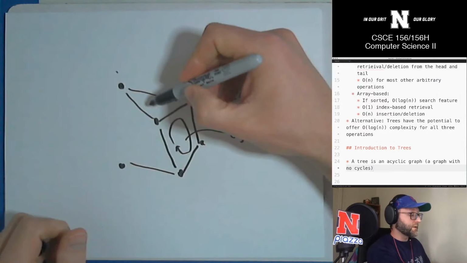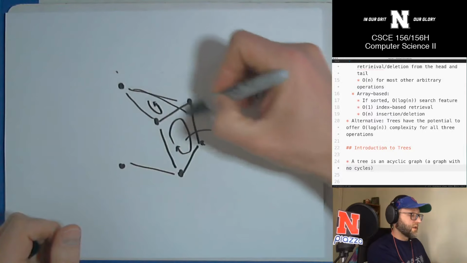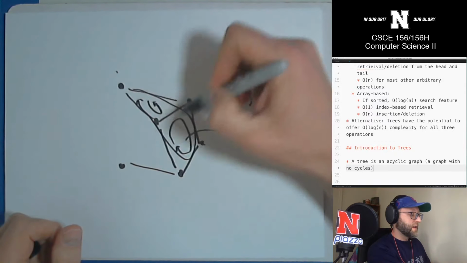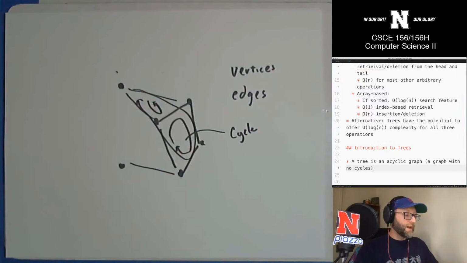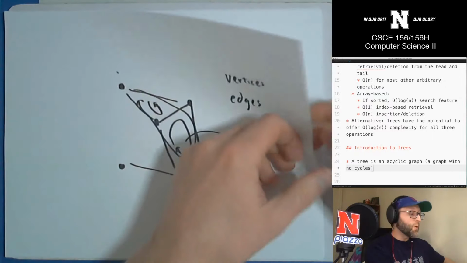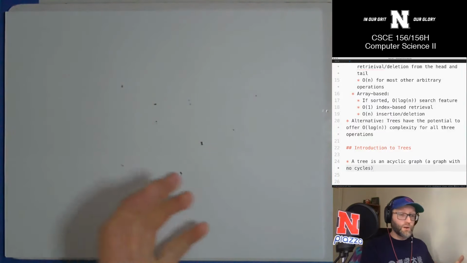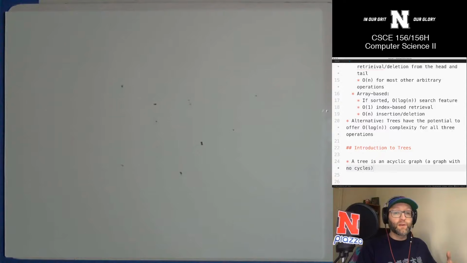In fact, there are 2 cycles here. There's one cycle there, there's one cycle there, and then of course there's the large cycle out of this. And then you can have any number of combinations of cycles here. So that's not what we want. We want more structure. We want a restriction on our structure in order to exploit that structure so that we can have some efficiency. Okay.